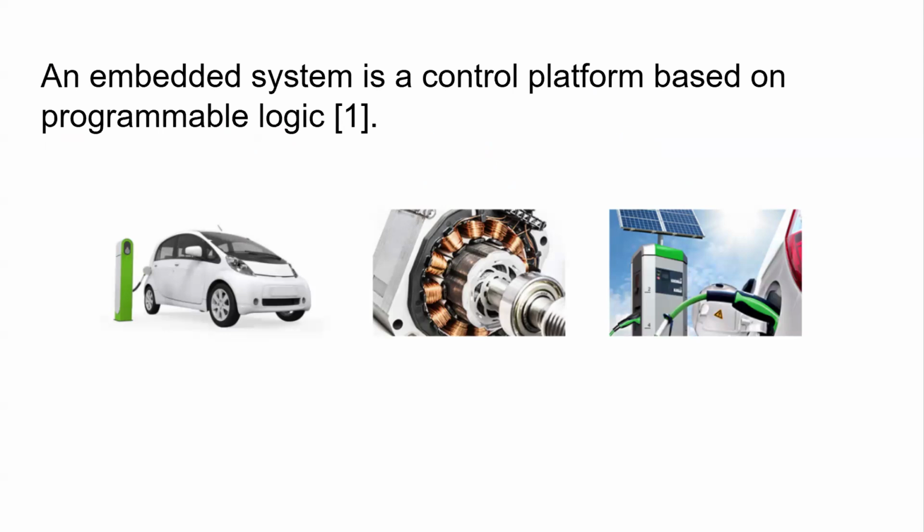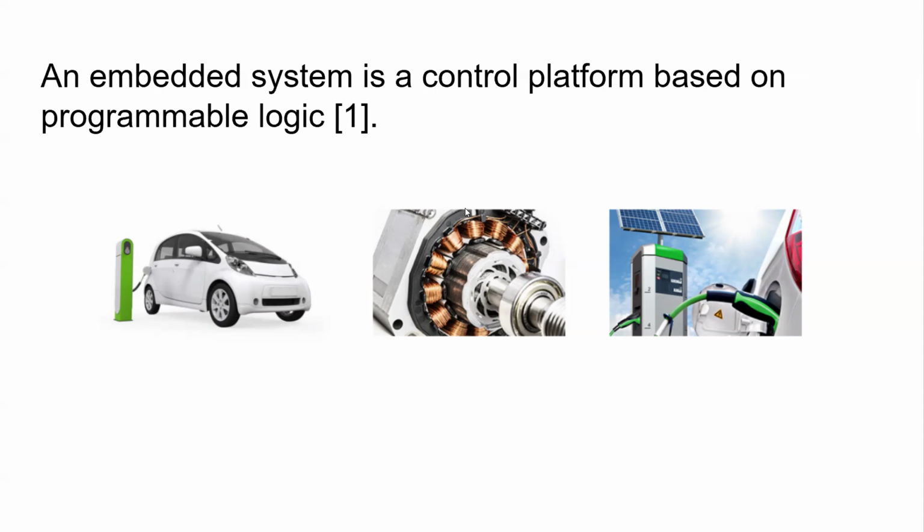So an embedded system is a control platform based on programmable logic. These are just some examples of popular and trendy applications of embedded systems. Right, so on the left, we have an electric vehicle that's connected to some kind of charging station.